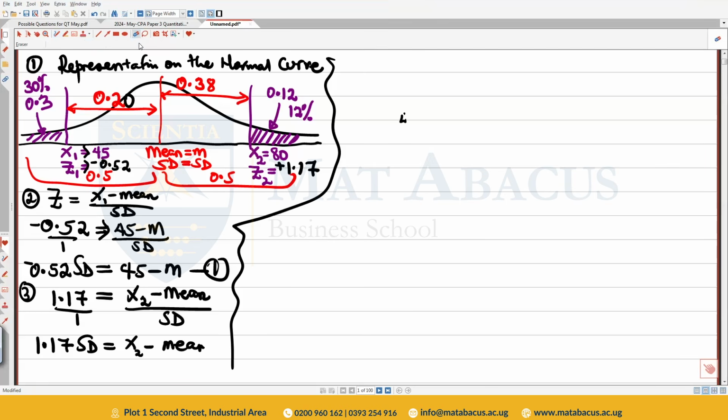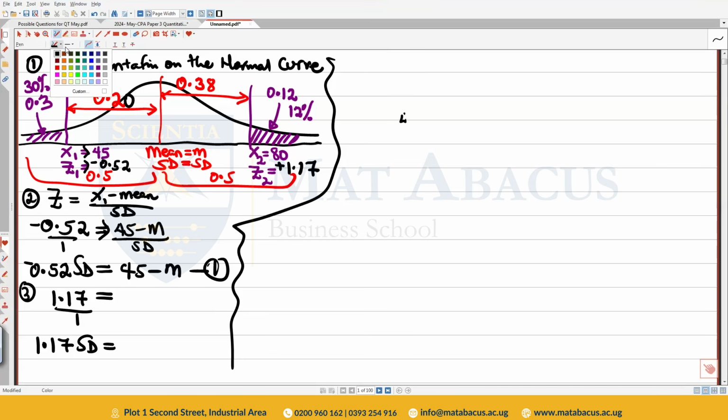Oh, x2 is already known as 80. So 1.17 SD is equal to 80 minus the mean, and this is equation 2.